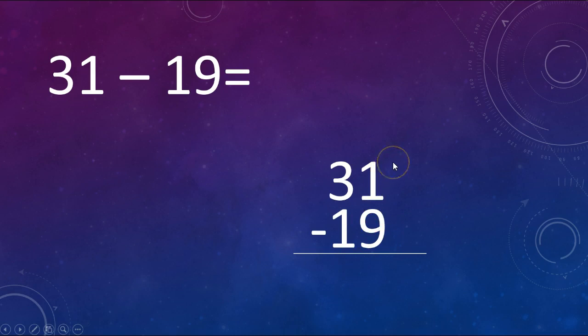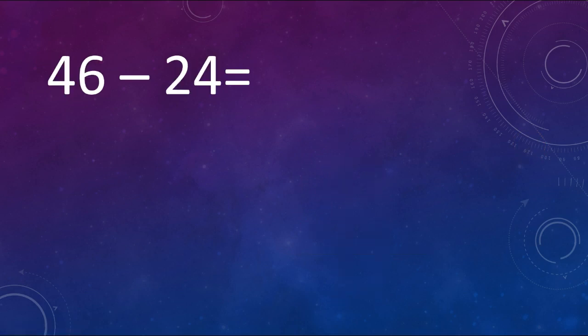So we need the 3 to give us one of its 10s to make this an 11. The 3 turns into a 2. What is 11 minus 9? 2. And what is 2 minus 1? 1. So our answer is 12.